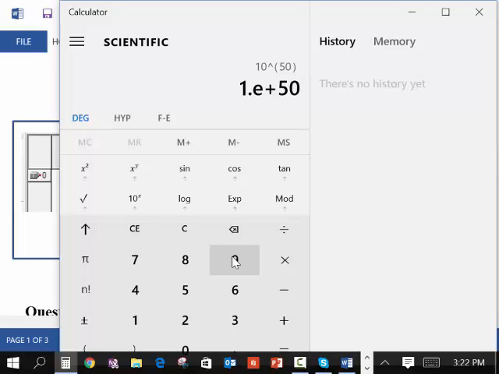I don't know how to use our calculator right here. Clear. 1 over x and 50e 9 minus. And that's even worse. What am I doing wrong with my calculator?